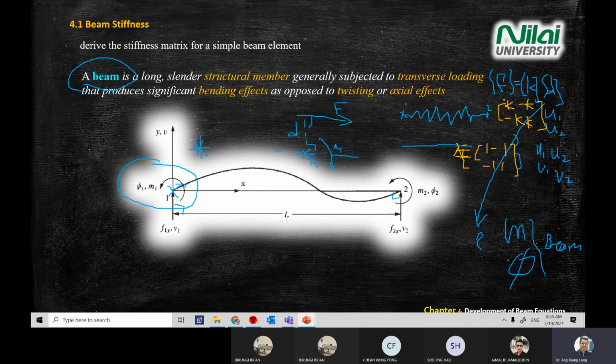As long as you're able to tell that you are solving a beam problem, then you are all right. I don't wish to see you confused between spring, bar, and even beam, because there is a specific equation for spring, bar, and beam.